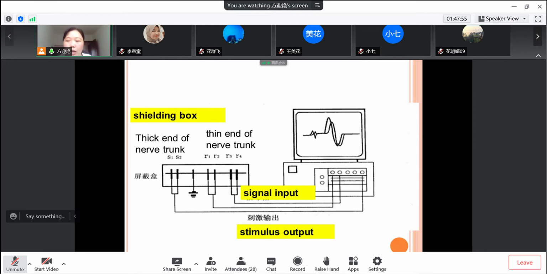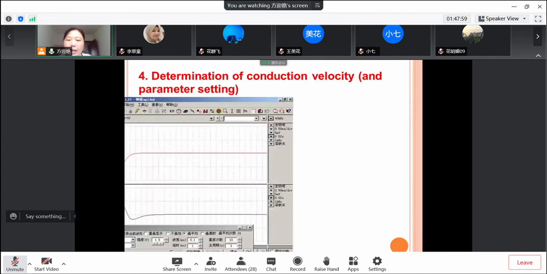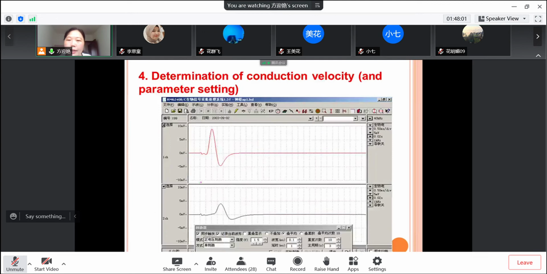So then we can calculate the speed, the conduction velocity. Can you calculate the conduction velocity?